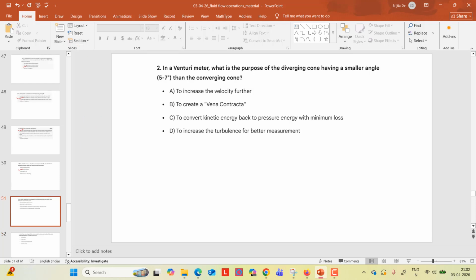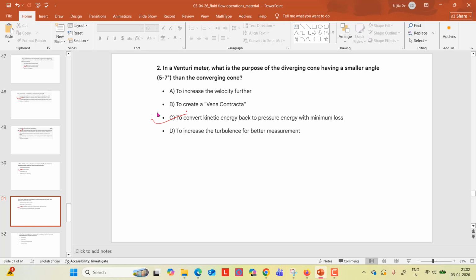In a Venturi meter, what is the purpose of the diverging cone having a smaller angle than the converging cone? The answer is to convert kinetic energy back to pressure energy with minimum loss. When the flow is converged, the kinetic energy becomes high, right?